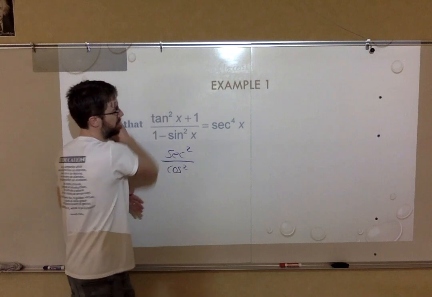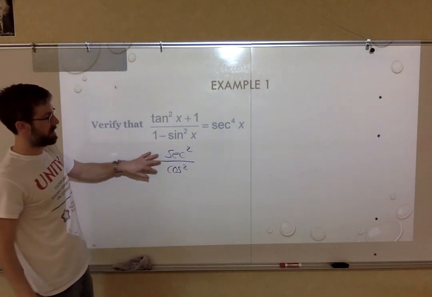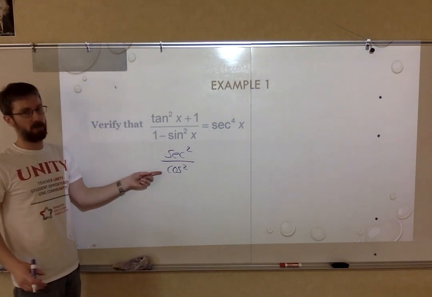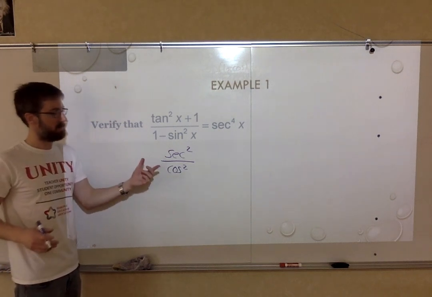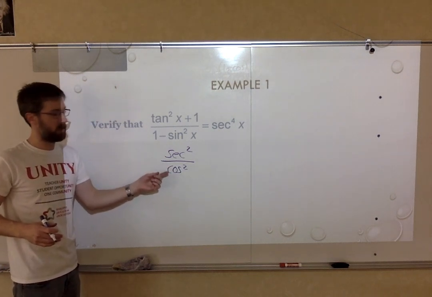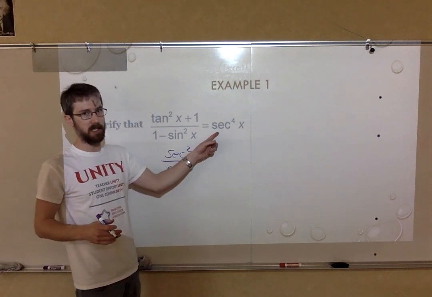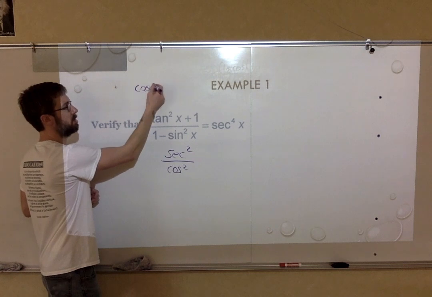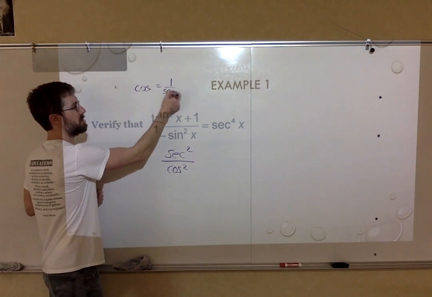So now I'm trying to get this side to equal secant to the fourth. I have secant here, I have cosine. Is there a property that relates cosine and secant? The answer is yes. Cosine is equal to 1 over secant.